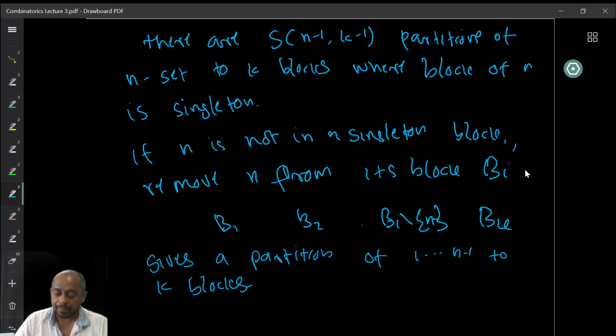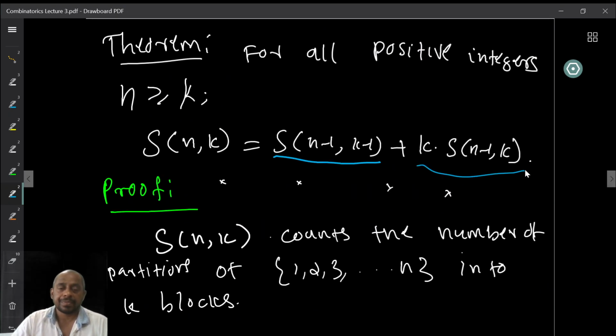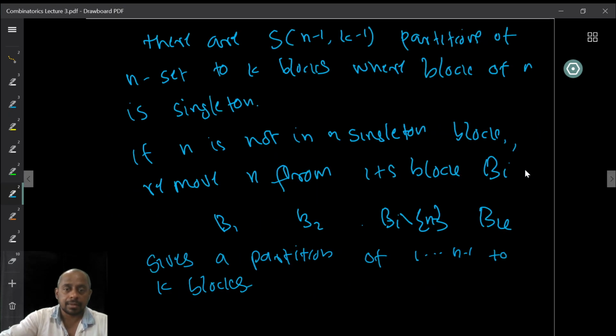Therefore S of n k equals S of n minus 1 comma k minus 1 plus k times S of n minus 1 comma k. So this is our proof.